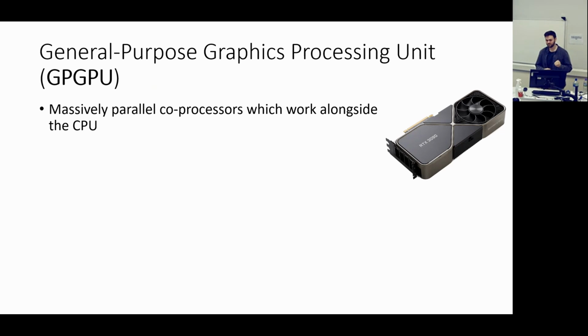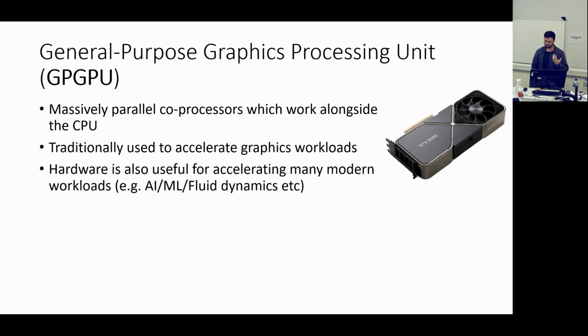These devices are aimed at massive parallelism. They're aimed to work alongside the CPU, while the CPU is general purpose and can handle most tasks. The GPU is more designed for highly parallelizable workloads, especially graphics workloads. But nowadays, they're often used for other things.